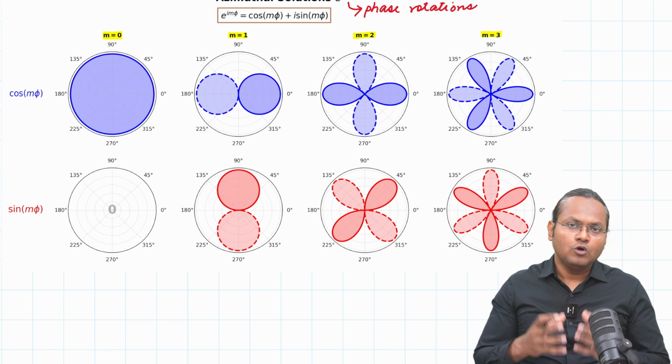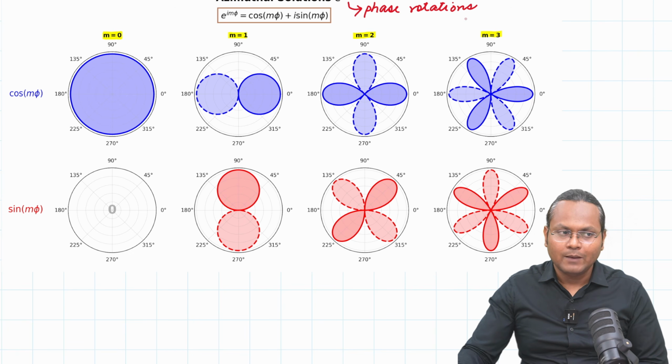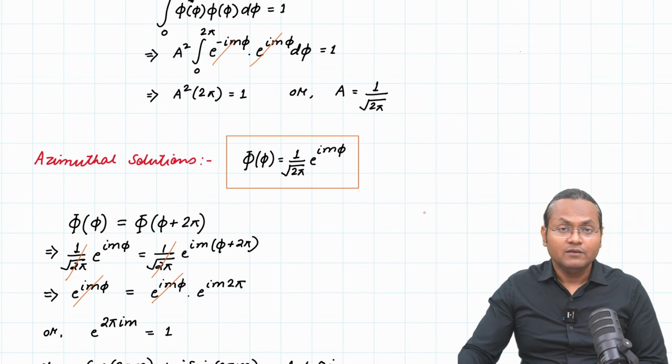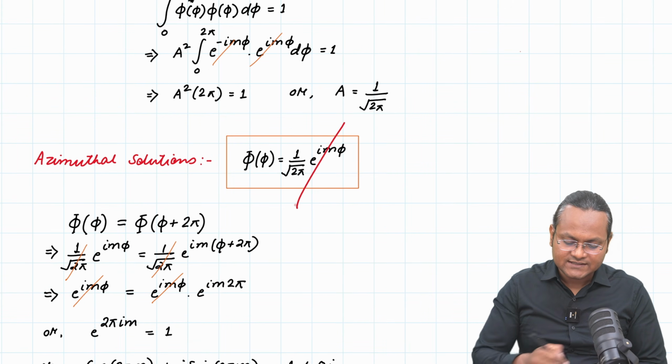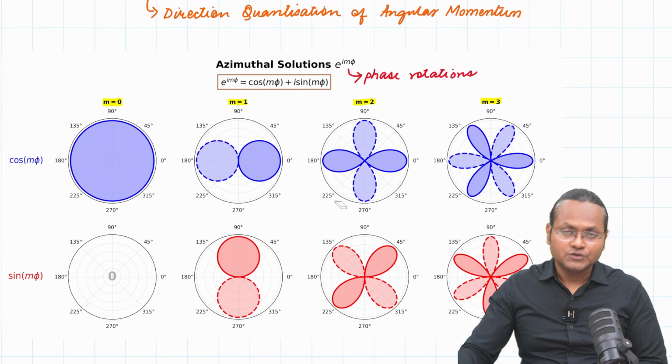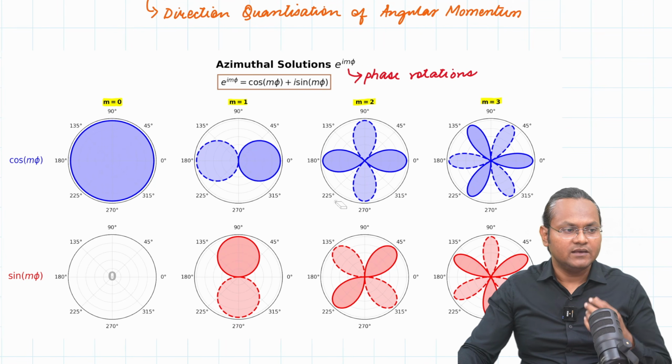Even though they do not participate in the overall probability density, because when I finally take psi mod square, this gets cancelled out, it does carry important information in terms of angular momentum and also in other cases like interference, bonding, etc.